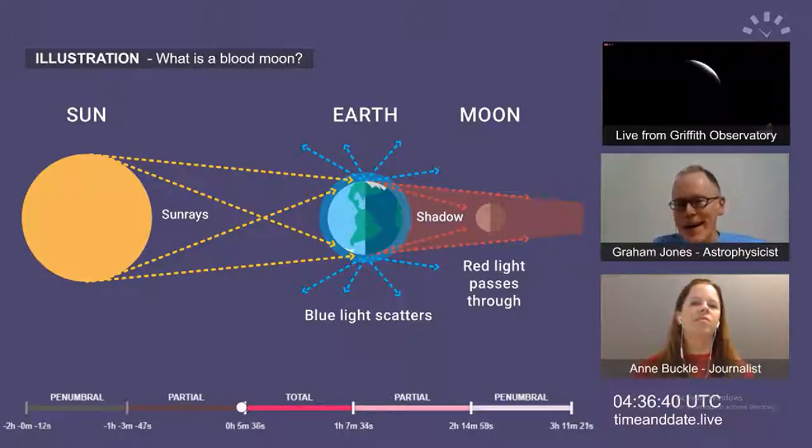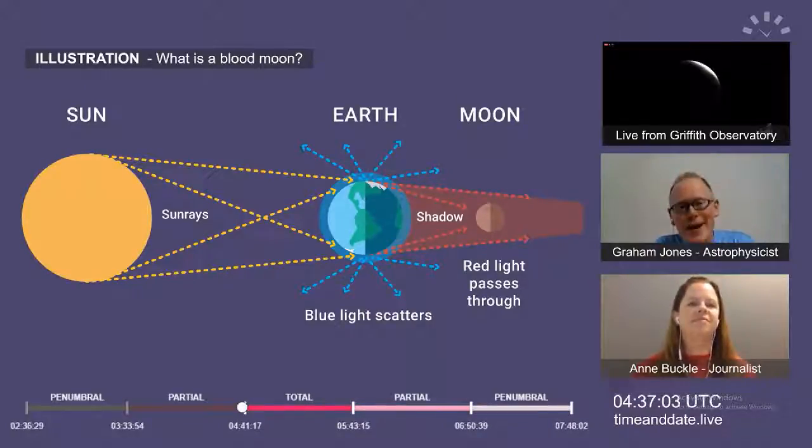Now, if the Earth was just simply a big rock in space, then on the moon, everything would be in complete darkness because there would be no sunlight reaching the surface of the moon directly. However, the Earth is not just simply a big rock in space.